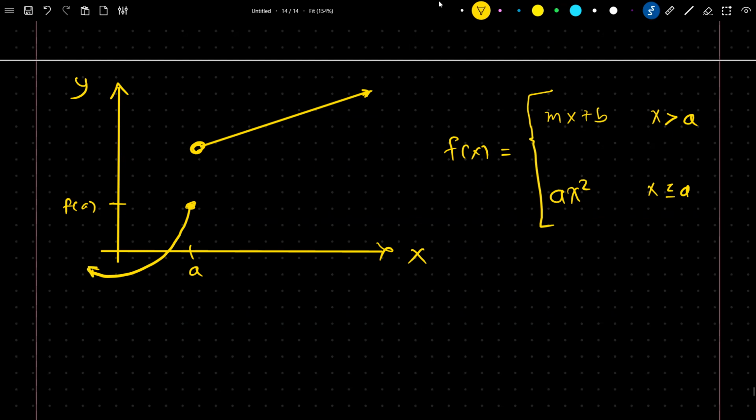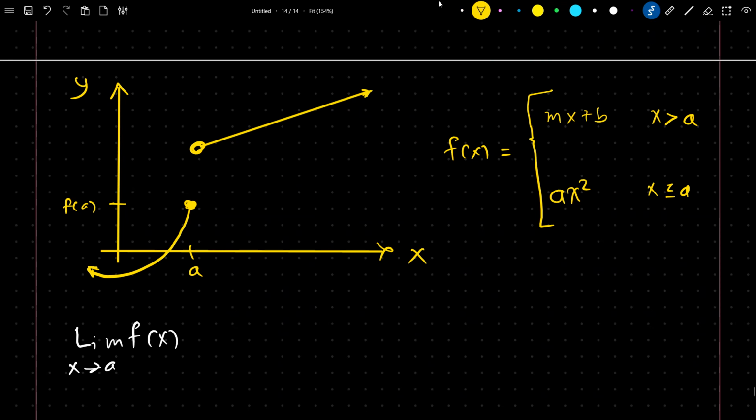But then the question arises, what is the limit of this function f of x as x goes to a? Okay, and so the problem is here that you can see there's not an agreement at a, because we have two pieces of the function. We've got a piecewise function where the piece is split on a.